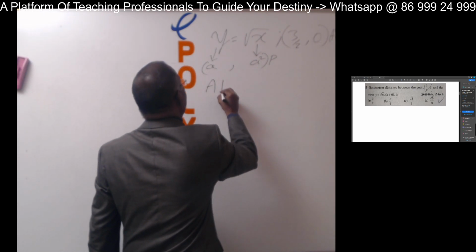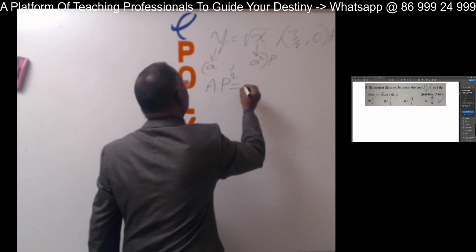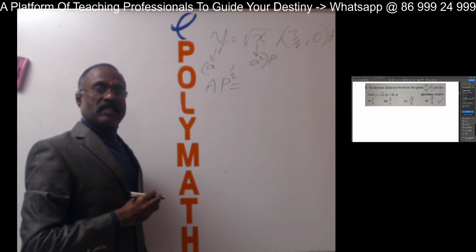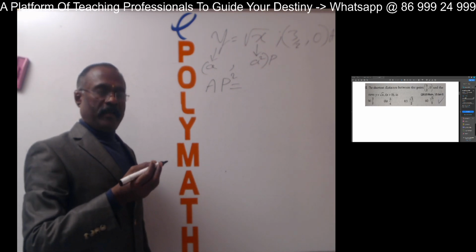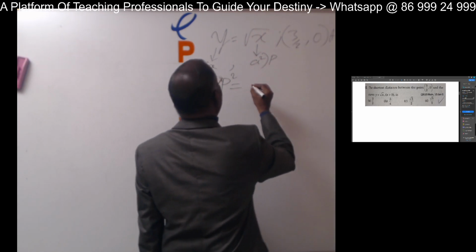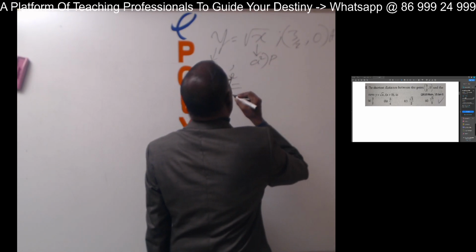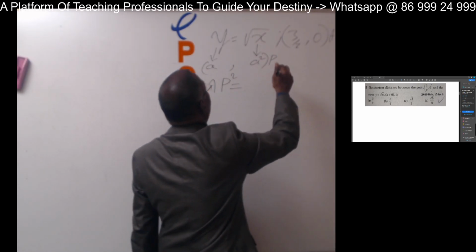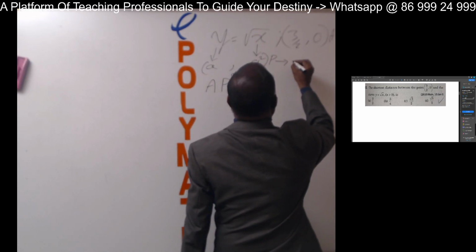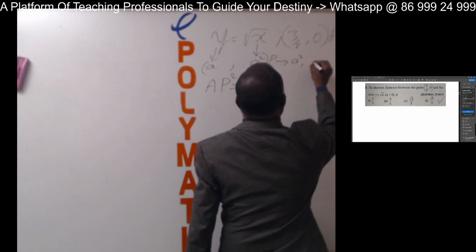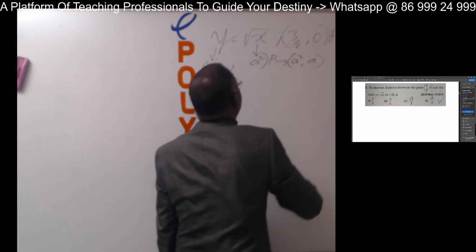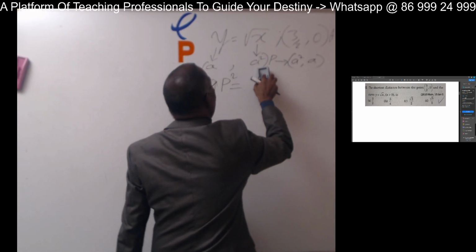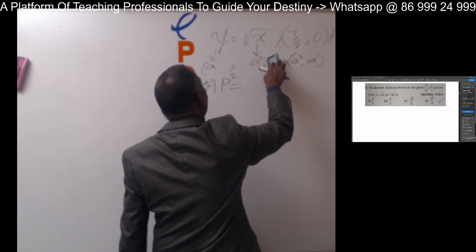Now see here. Now I am writing AP square. What is AP square? The distance between the 2 points squared, which is nothing but, the point is a square comma a. I have taken the point as a square comma a.